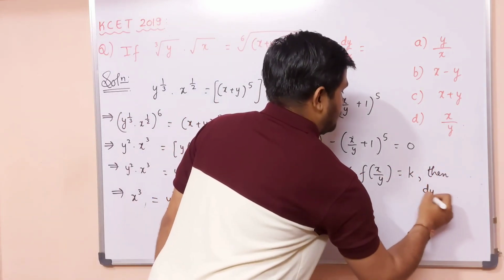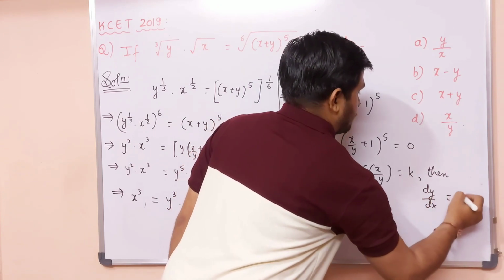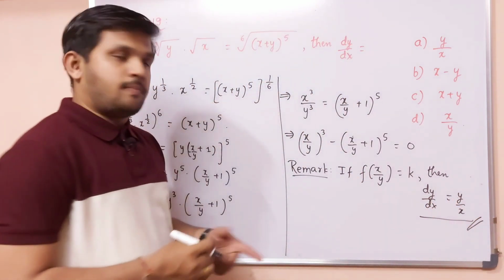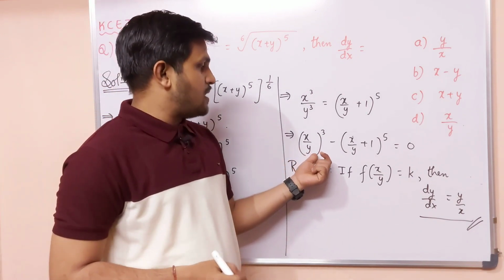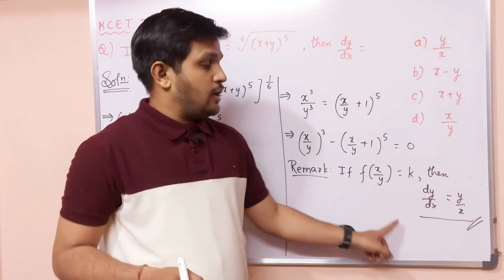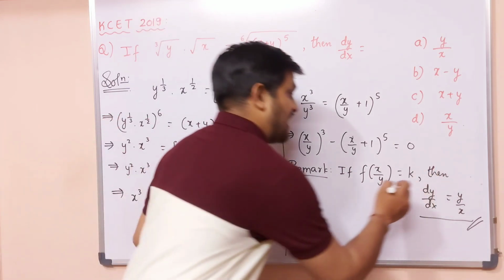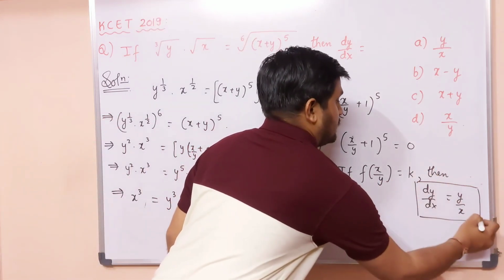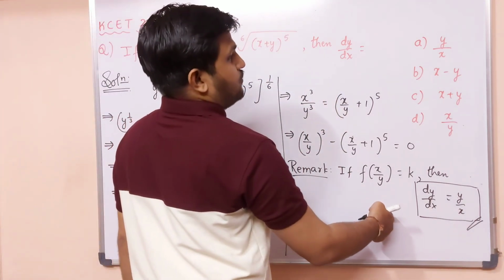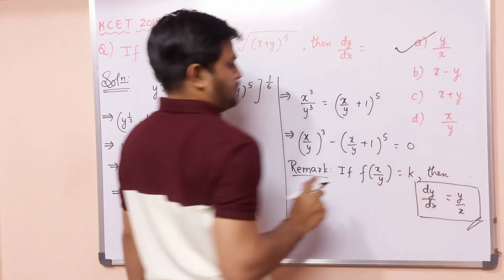The derivative of this function is y by x, whatever the function may be, if it is of x by y form. This is of x by y form, so what is the derivative? It is y by x. This is the standard remark which you need to remember. Therefore now I can tell the right option for this. y by x is the right option.